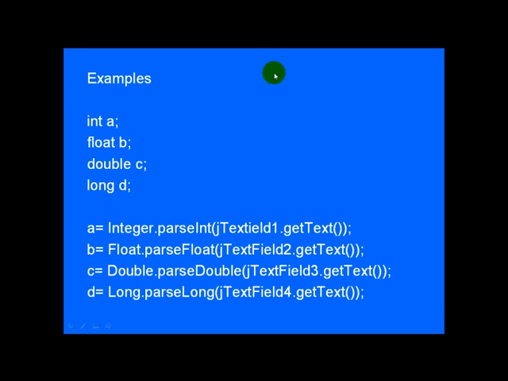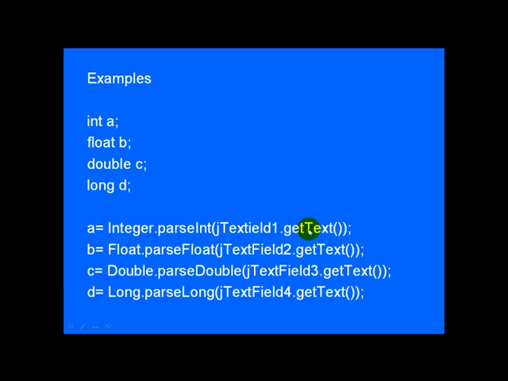Now suppose we have got 4 text fields and the user inputs the integer value in the first text field, float value in the second text field, double value in the third text field, and a long value in the fourth text field. And now suppose we want to perform some calculations on these values.